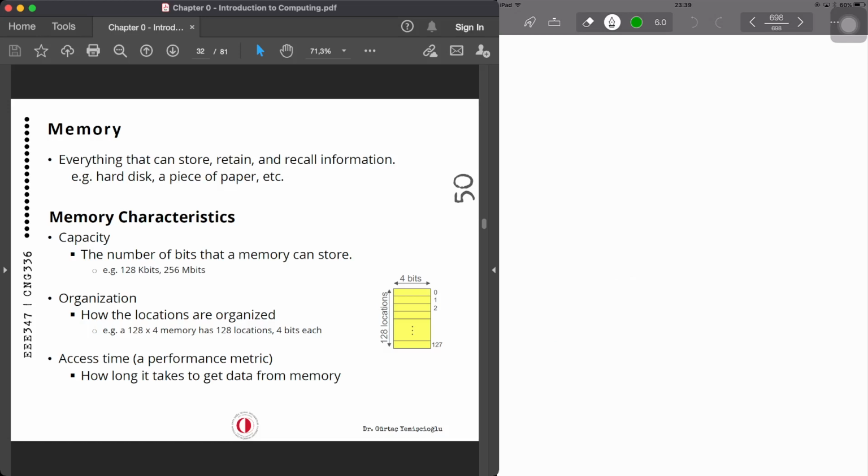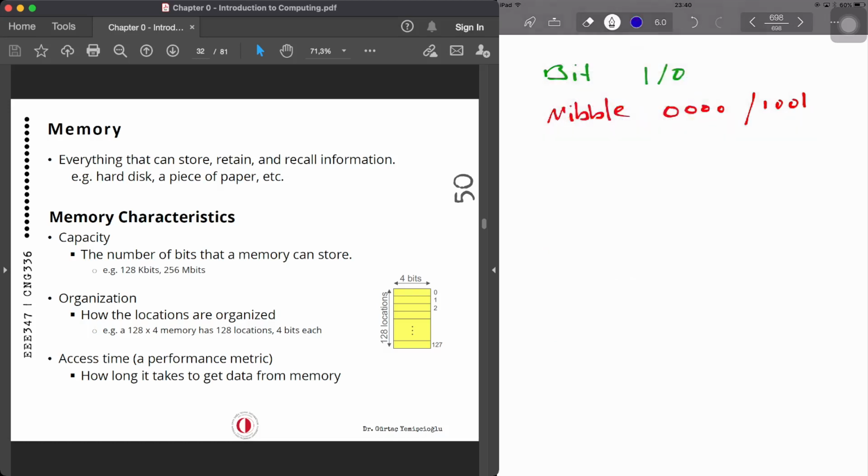Now, what do we know? A bit is what we call 1 or 0. A nibble is just 4 bits. So, for example, 0, 0, 0, 0, or maybe 1, 0, 0, 1.